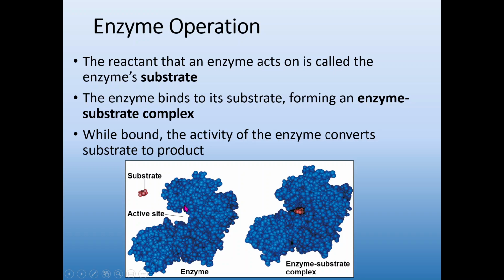Once it forms a molecular bond, it becomes what we call the enzyme substrate complex, a very creative name. So they have bound together now. We have a single larger molecule that is formed from an enzyme protein and our substrate. While they are bound together, the enzyme is breaking molecular bonds and reforming them to change that substrate into a final product.